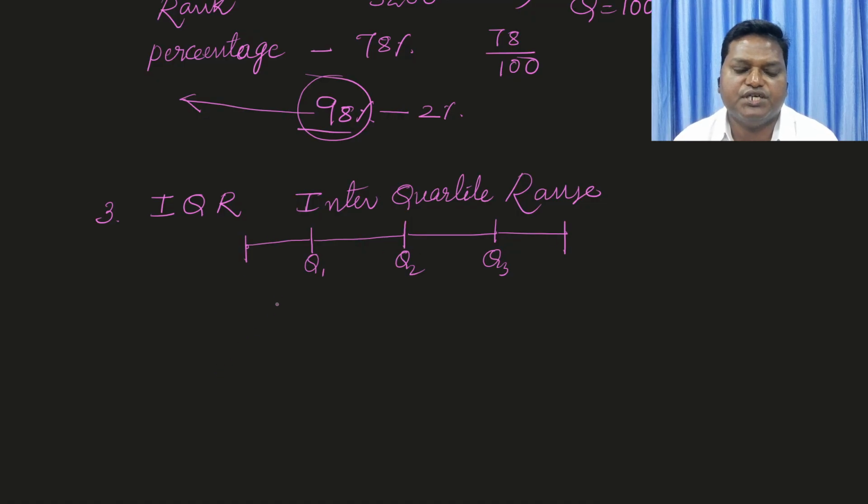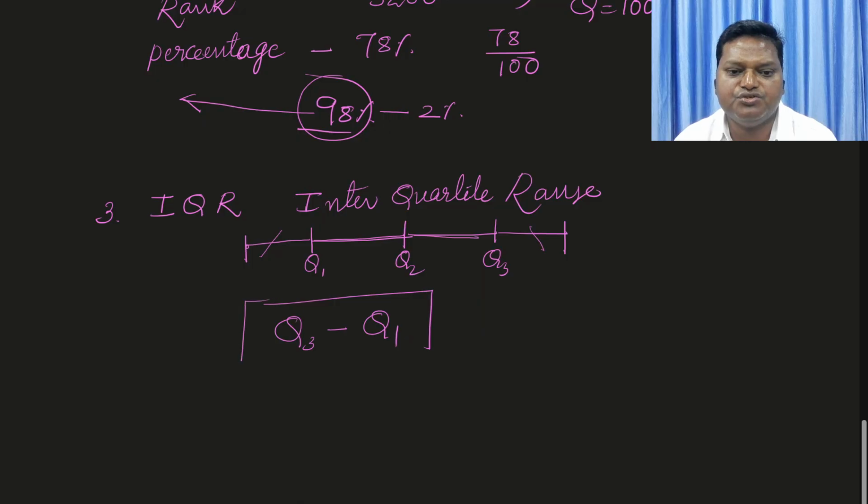Then for the interquartile range, you eliminate the lower part, you eliminate the upper part, and you consider only this 50%. So the interquartile range is Q3 minus Q1, because there is always a likely situation where you will have anomalies at this extreme or at this extreme.